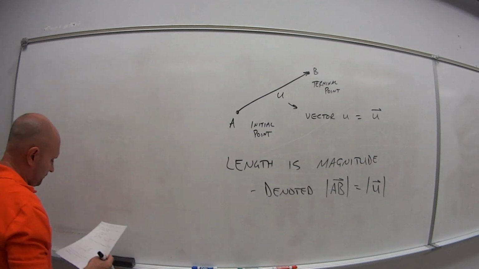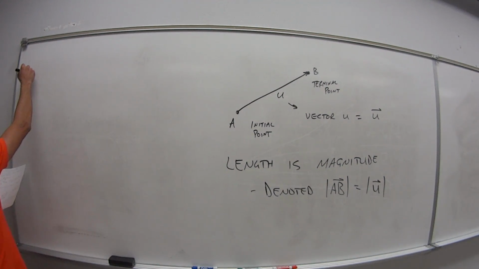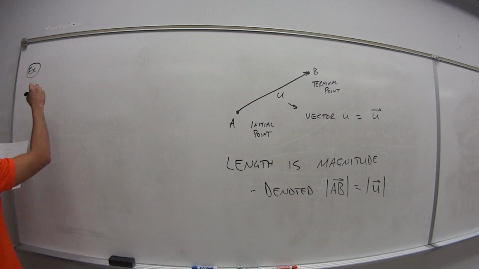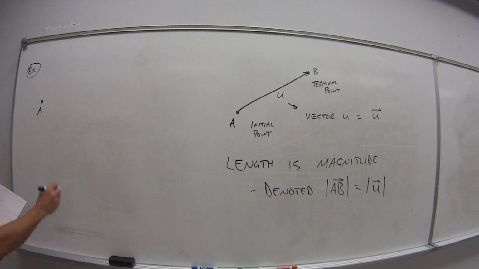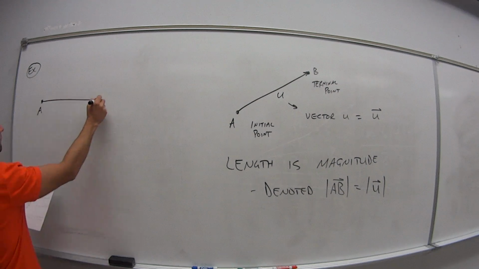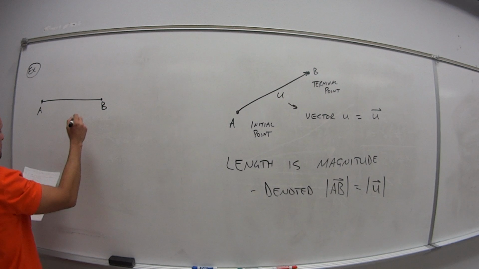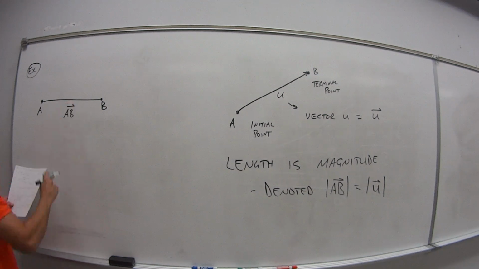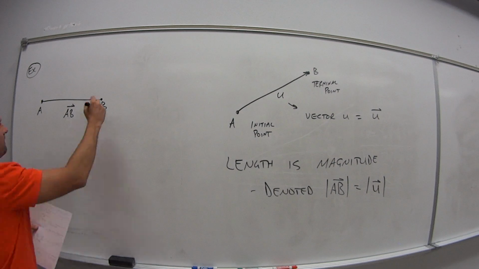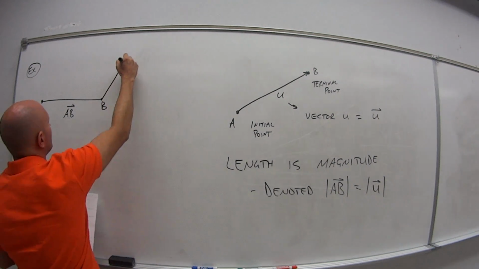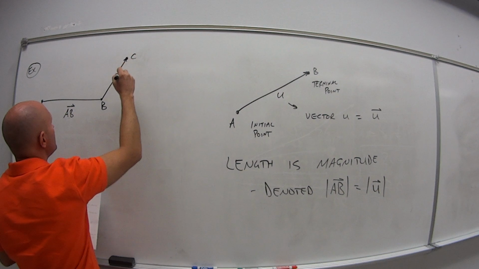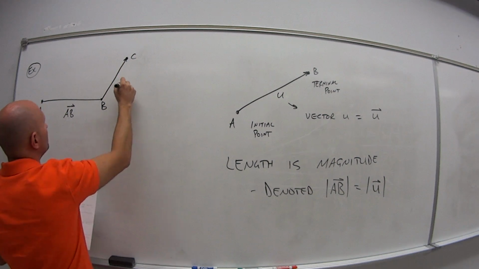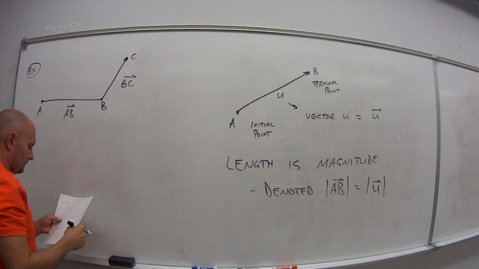Now a nice feature of vectors, so let's look at an example. Let's say I have this point A and some vector that gets me to a point B. We'll call this vector AB. And I have another vector from B going to C. We'll call this vector BC.